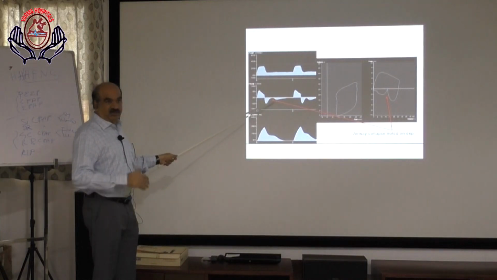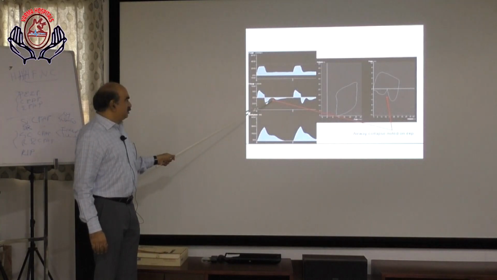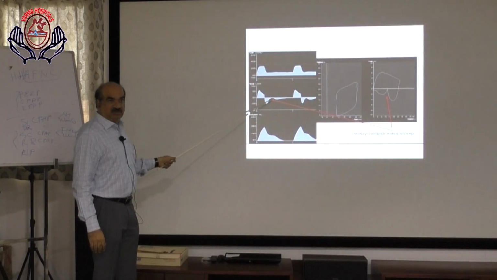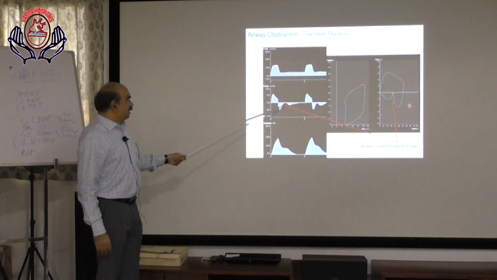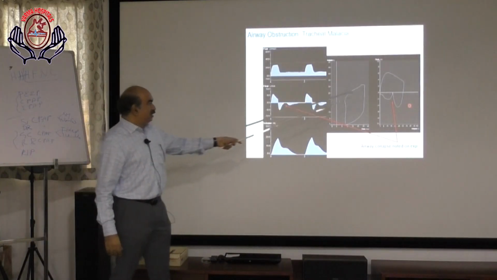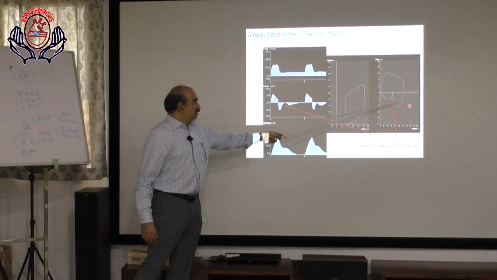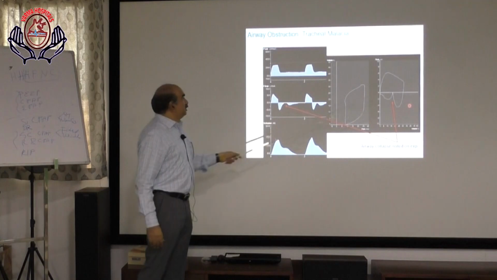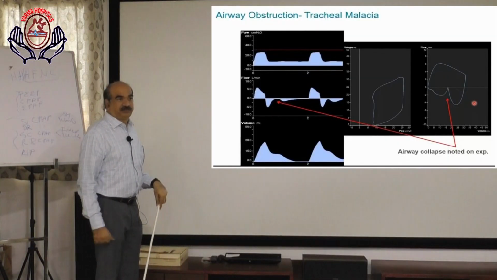Suppose after a few weeks, the patient is on ventilator, and you find sudden airway collapse in the expiratory limb, that's an important finding. If you find this airway collapse noted on the expiration limb, and in the pressure volume loop there is sudden scooping, that indicates tracheomalacia, tracheobronchomalacia.